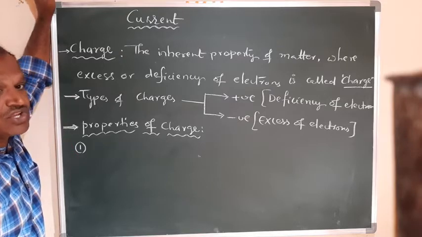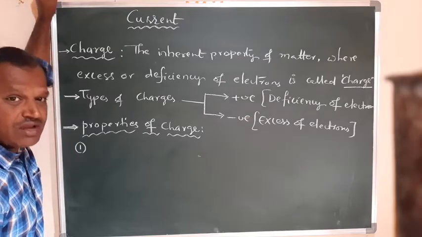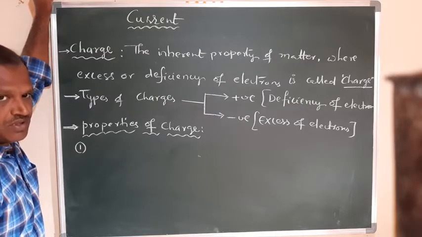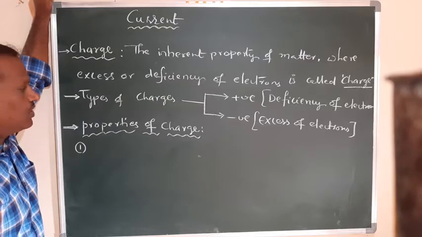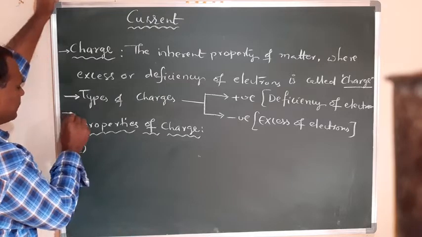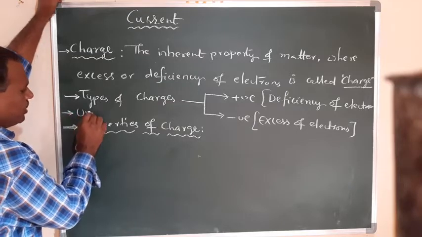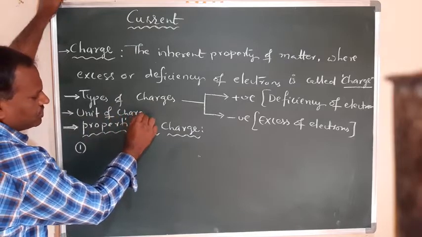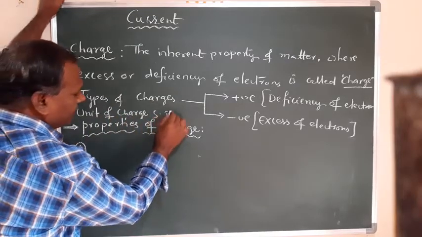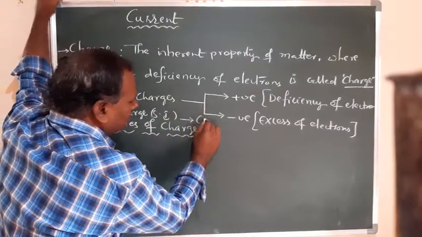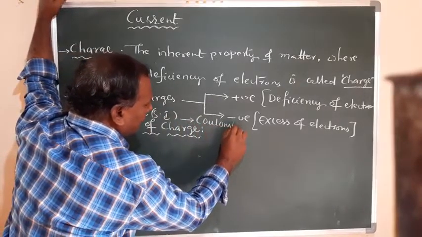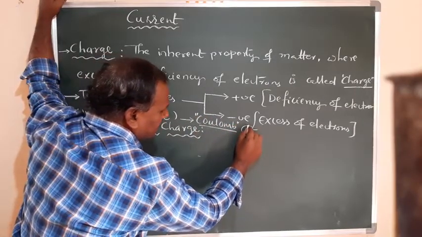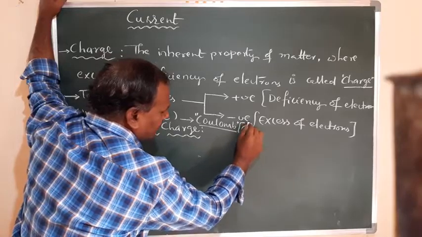It has no direction. It has only numerical value. Charge is measured with a unit of coulomb. The SI unit of charge is coulomb, in the SI system. It is represented by capital C, right?